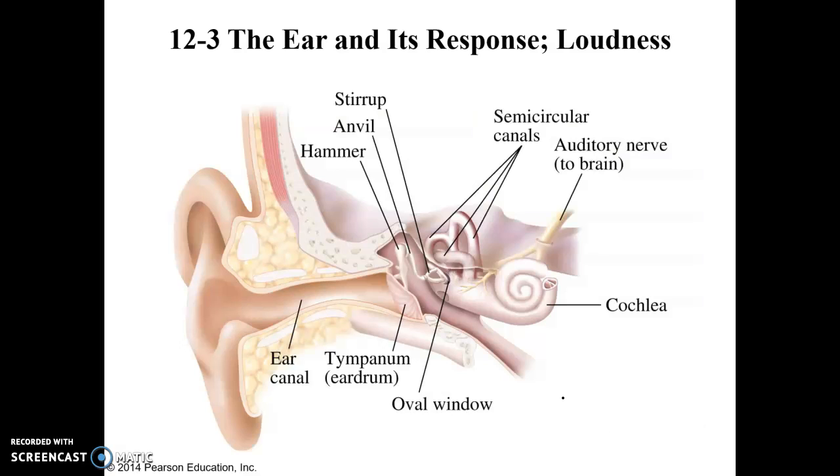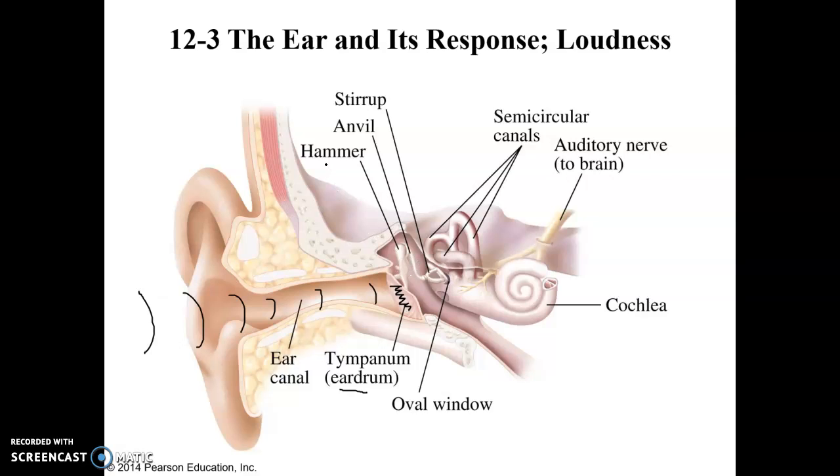If we look at the human ear, the sound waves come into the ear through the ear canal, and then they hit the eardrum. This vibrates back and forth, which causes a chain reaction between these little bones.